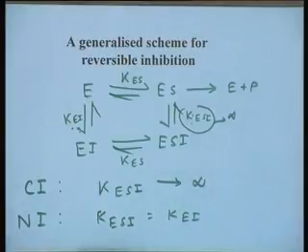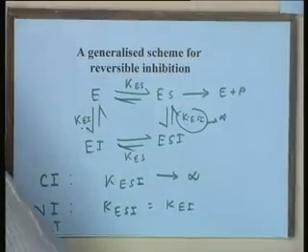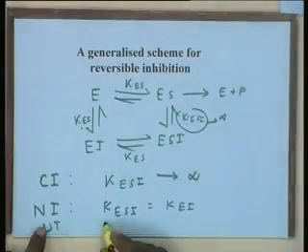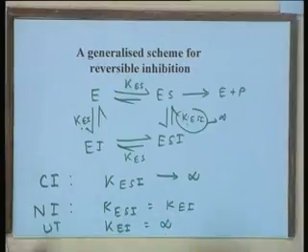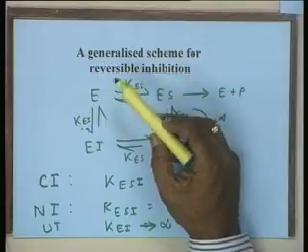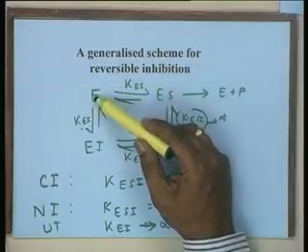And in the case of an uncompetitive inhibition, the magnitude of KEI is infinity, or rather tends to infinity. That means the inhibitor cannot bind to the enzyme.